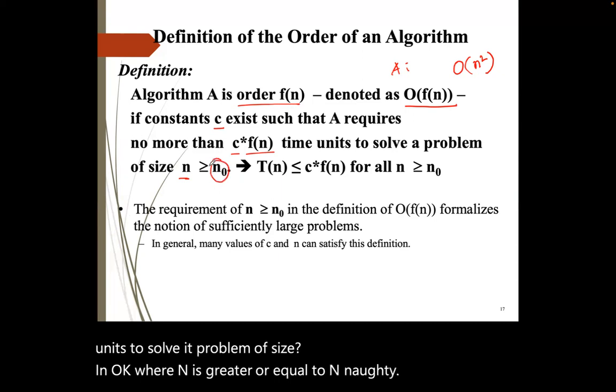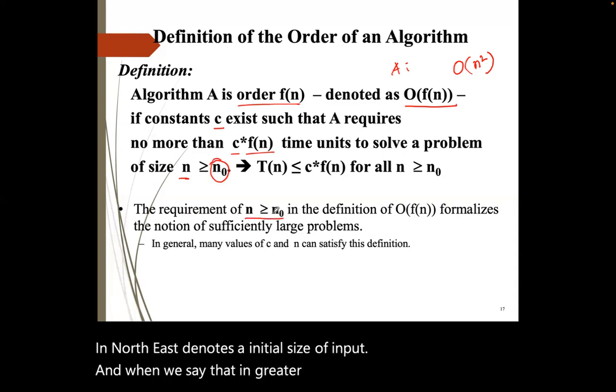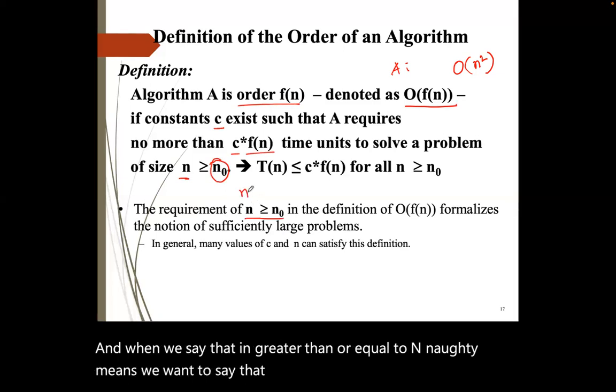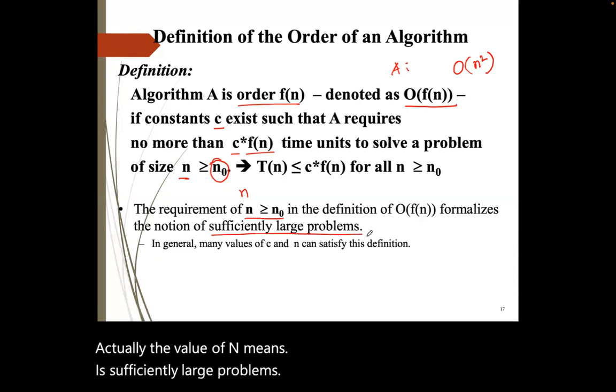N naught denotes an initial size of input. When we say n is greater than or equal to n naught, we mean the value of n is sufficiently large.